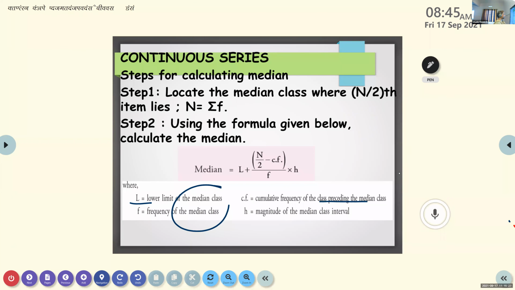Now, H is equal to the magnitude of the median class interval, in the sense the width, or the class interval. There will be a gap between these two numbers.